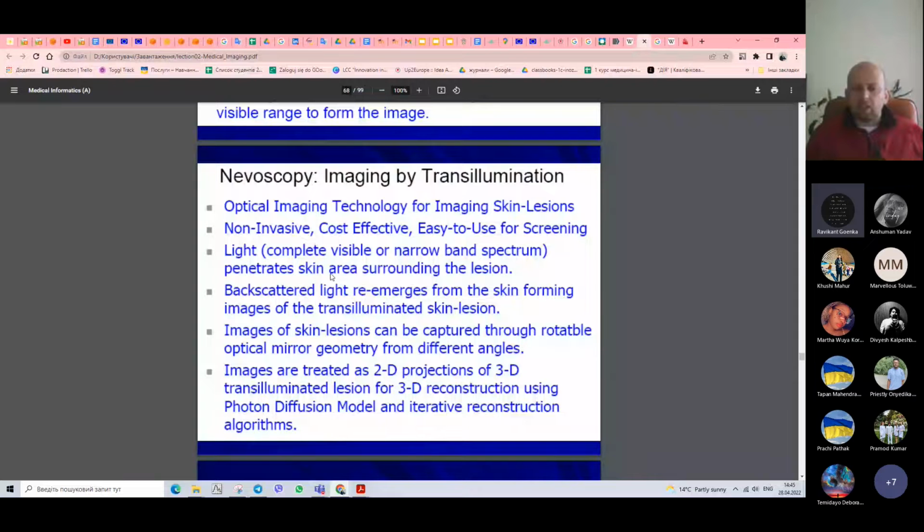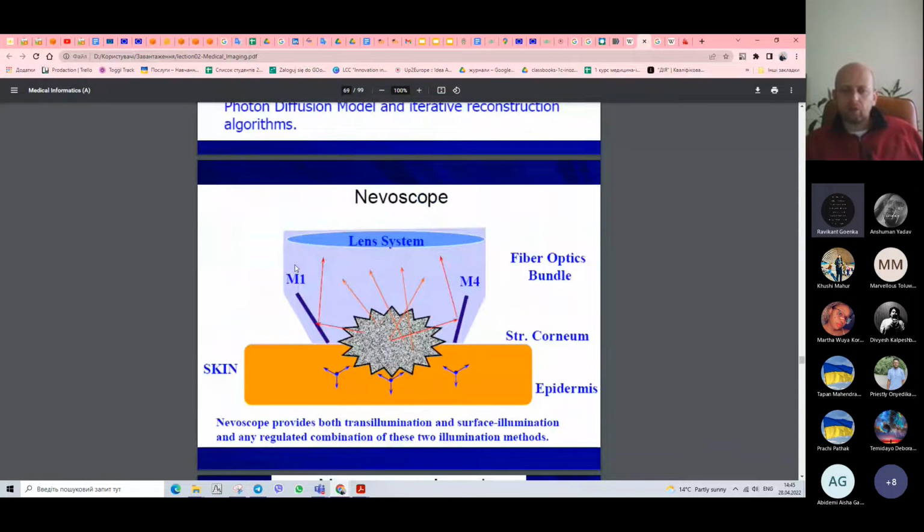Images of the skin lesion can be captured through a rotatable optical mirror geometry from different angles. Images are treated as 2D projections of the 3D transilluminated lesion for 3D reconstruction using a photon diffusion model and an iterative reconstruction algorithm. Now you can find how this works there.